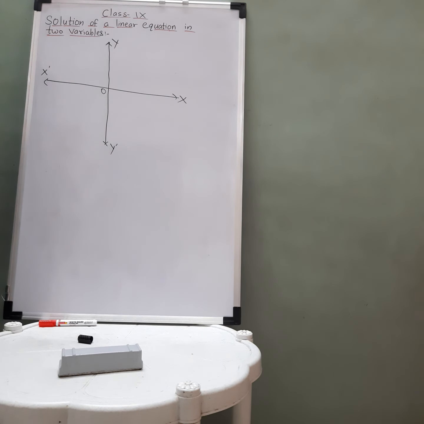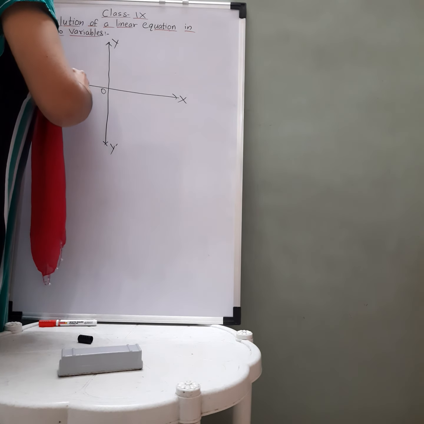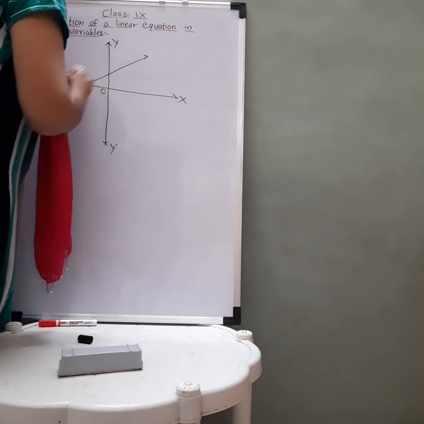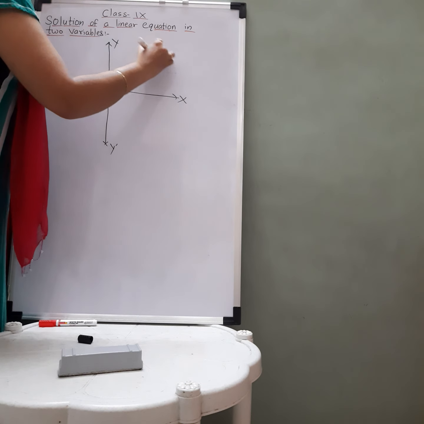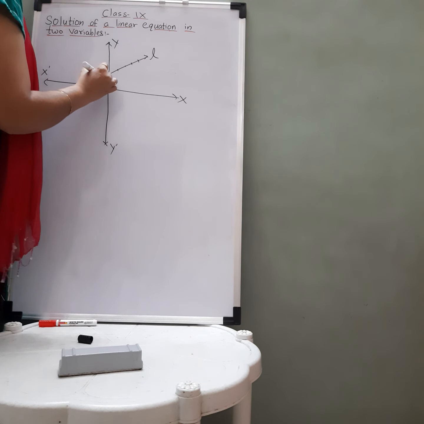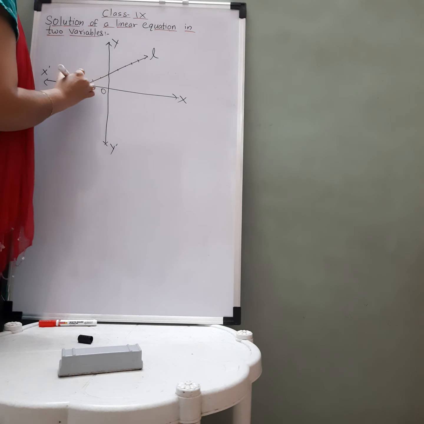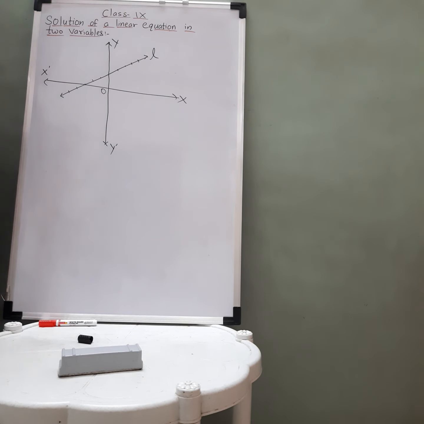Suppose this is a coordinate plane and if I draw a line in this, then each point on this line is a solution of a given equation. Each point on a line is a solution of a given equation. Or you can say that every point on a line satisfies the equation.